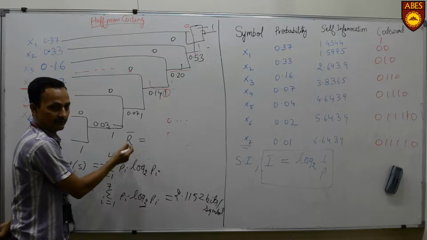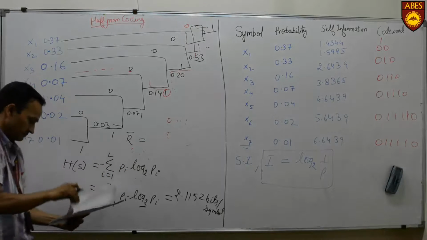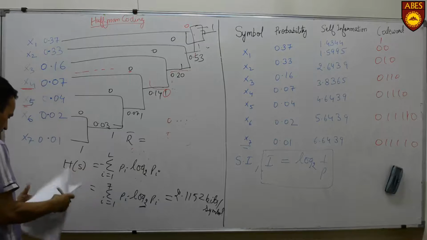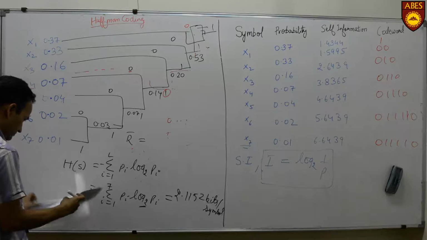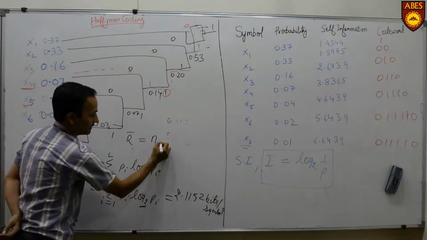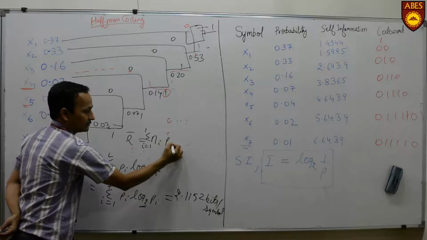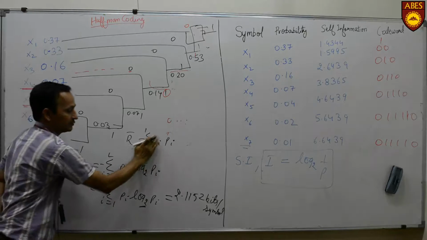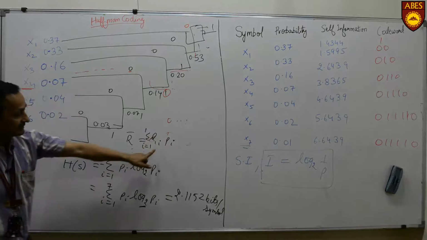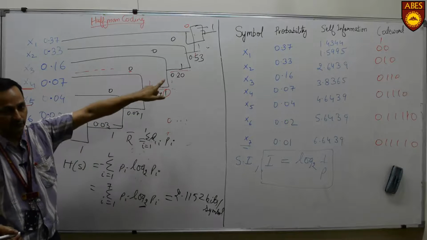For that the formula is R bar equal to summation of i equal to 1 to L, Li into Pi, where Li is the length of one symbol and Pi is the probability of that particular symbol.